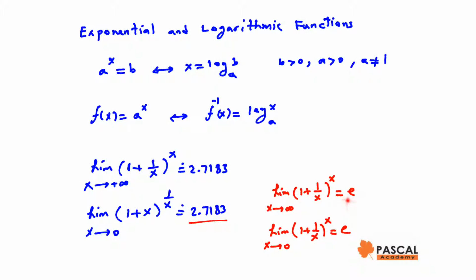By definition, e, which is a constant in math, is the limit of 1 plus 1 over x to the power of x as x approaches infinity, or as x approaches 0. E is an irrational number and approximately 2.72.